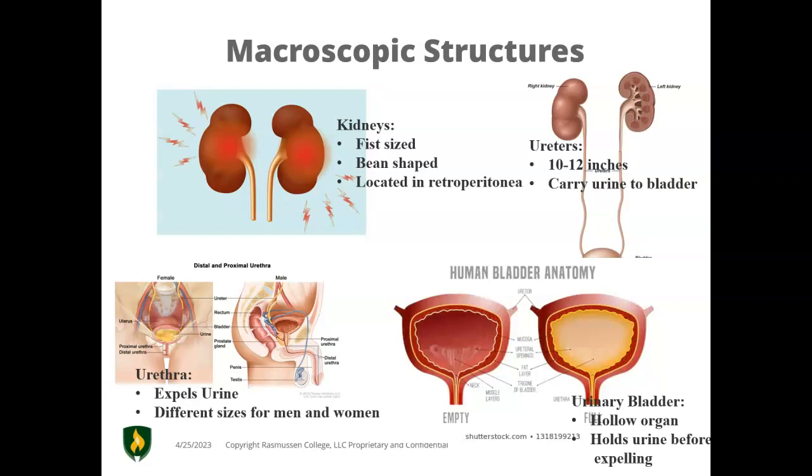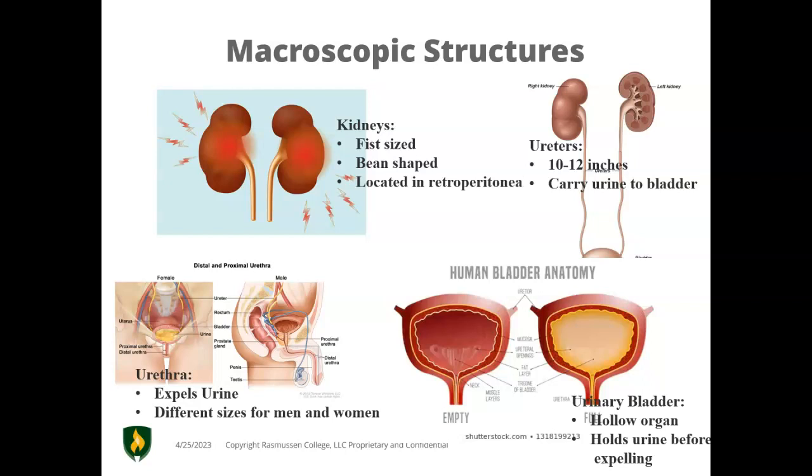So for women, the urethra is typically about 1.5 to 2 inches long, and that is just because that area between the bladder and the urinary opening, or what we call the urinary meatus, is very short. We don't have appendages that are going to get in the way. We just have that cervix. So that is all that you have to travel, is that small amount of space.